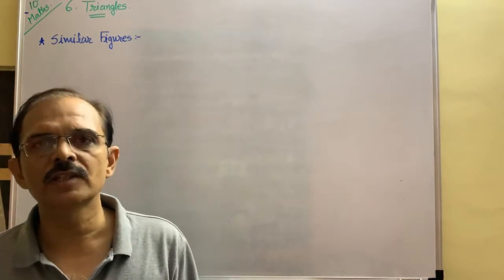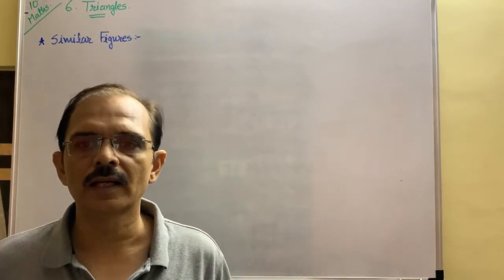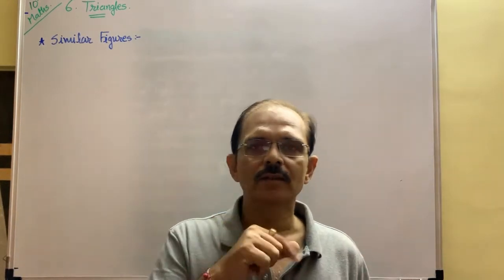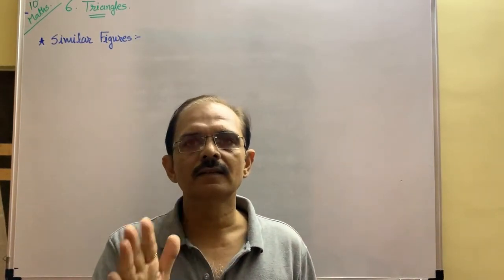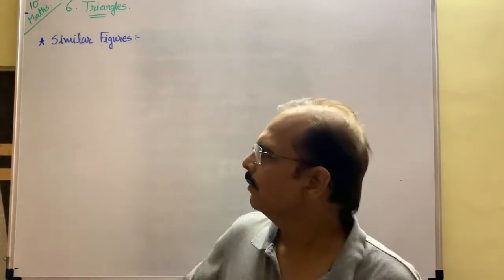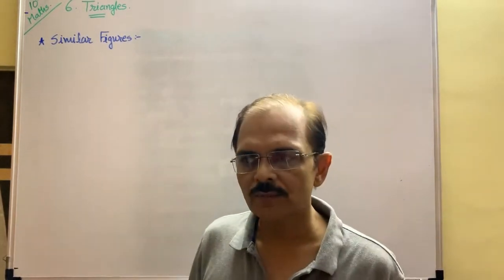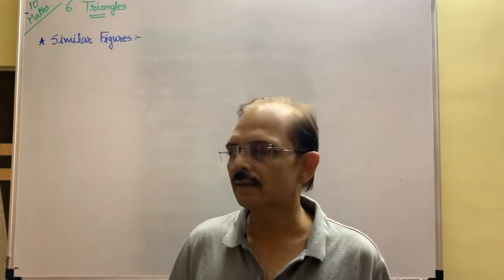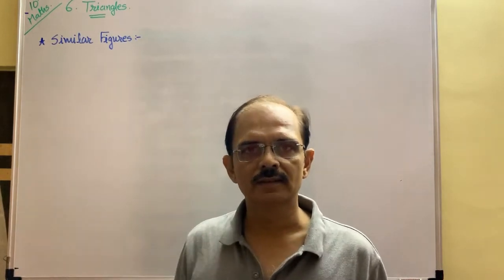According to the shape we judge that yes, it is this type of appliance or device. So their shapes are same, but their sizes are different, right? If shapes are same but sizes are different, we can say that these figures are similar figures. Is it okay?